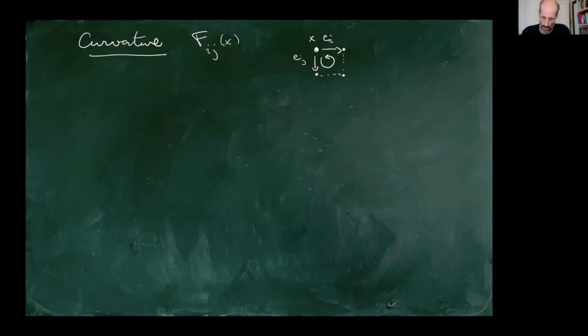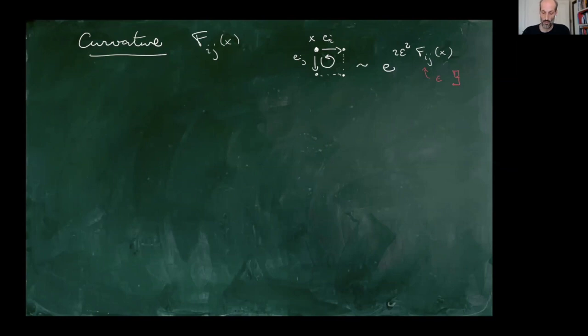So I postulate that the contribution of this should be of order exponential of 2 epsilon square times Fij of X. Okay, and that's my definition of the Fij. And that guy now is again going to be an element of the Lie algebra.